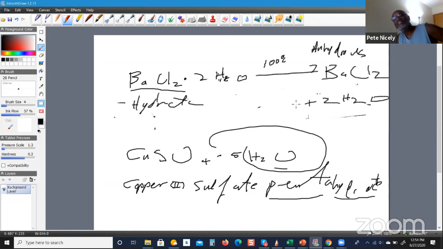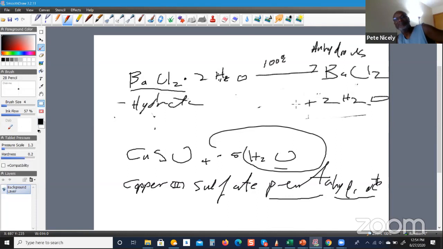And in some cases, you'll see a change in appearance. In the case of barium chloride, both the hydrated form and the anhydrous form are white in color, but if you look closely, you'll see that the hydrated form has a more crystalline appearance, while the anhydrous form is more powdery.